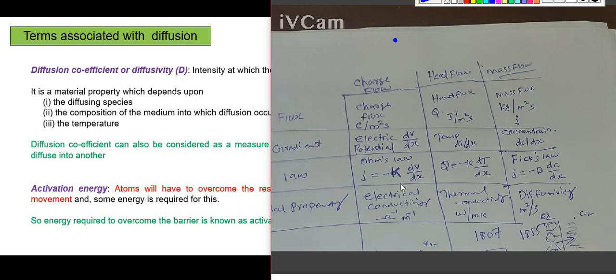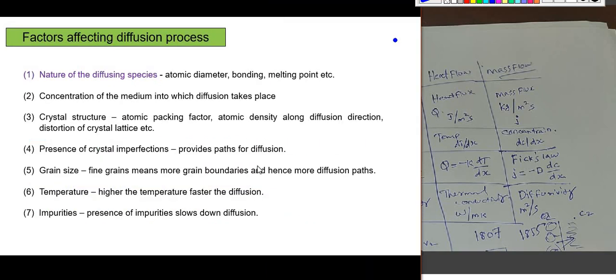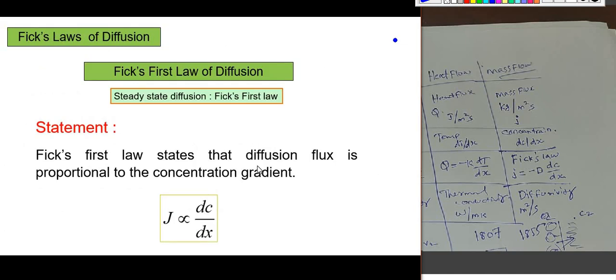When we compare these three laws, we can see the flux is equal to some material property into the gradient. The three laws are similar; the structure is almost similar. So this is the first law of diffusion, Fick's law for steady state diffusion.